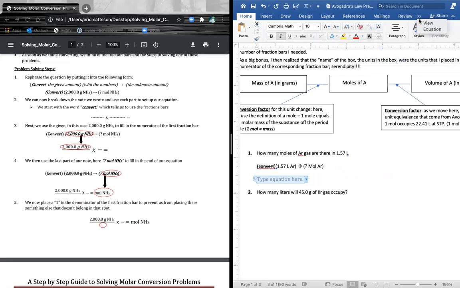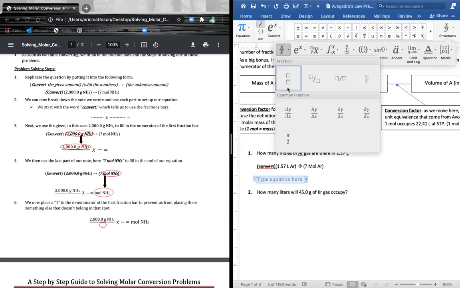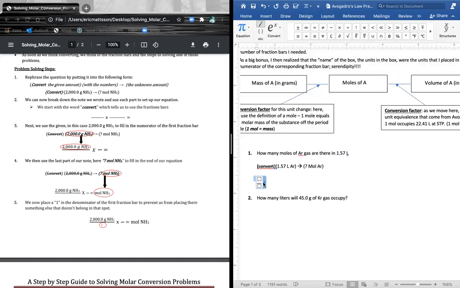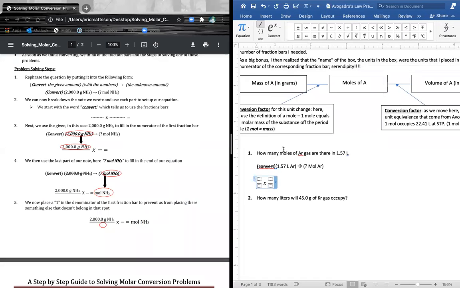This is going to be one time when having to use this computer for my math is somewhat helpful. So I'm just going to come in here and put fraction bars down: my fraction bar times my fraction bar, and then equals. So there's step number 2.